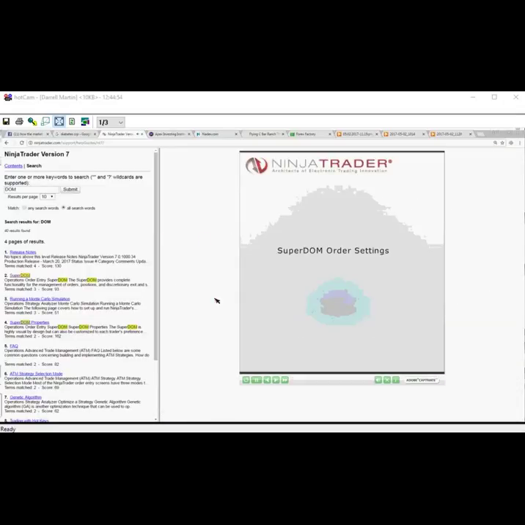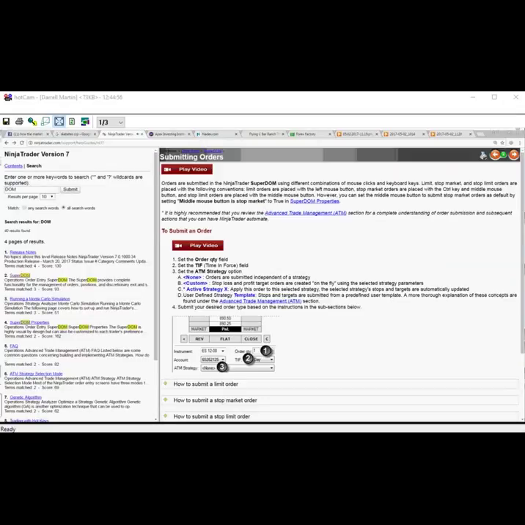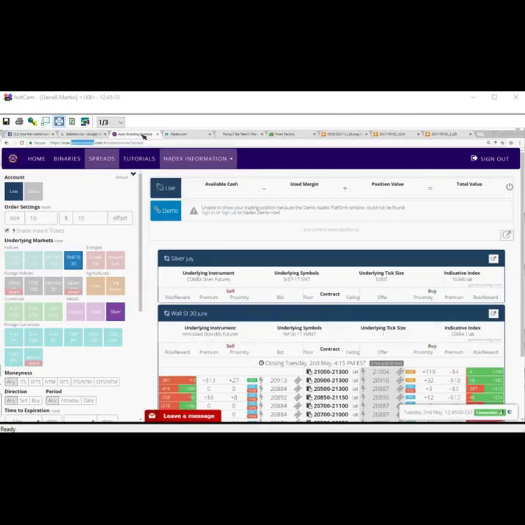It has videos on how to use the DOM. So if you want to learn how to use the DOM or anything else in Ninja, just go to ninjatrader.com/support/helpguide/NT7, or just use the link under helpful links, Ninja Trader. It's an easy way to get there.